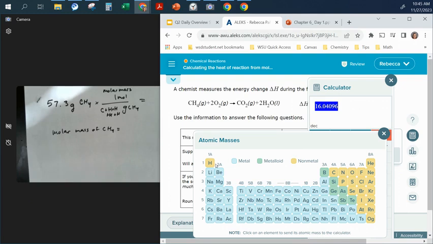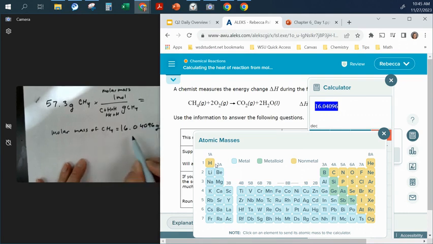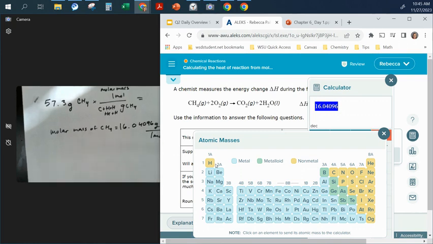So that gives me 16.04096. So that's how many grams for 1 mole of methane. Okay, do you remember doing that in chapter 5?